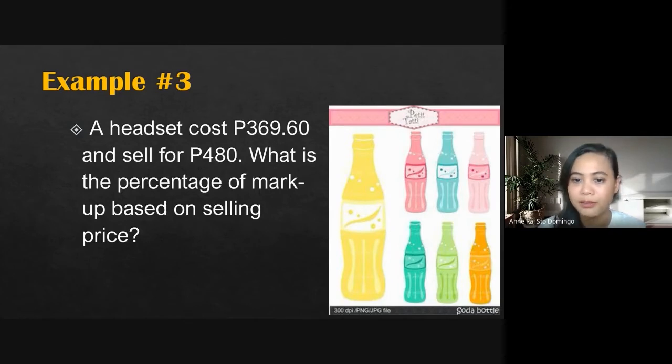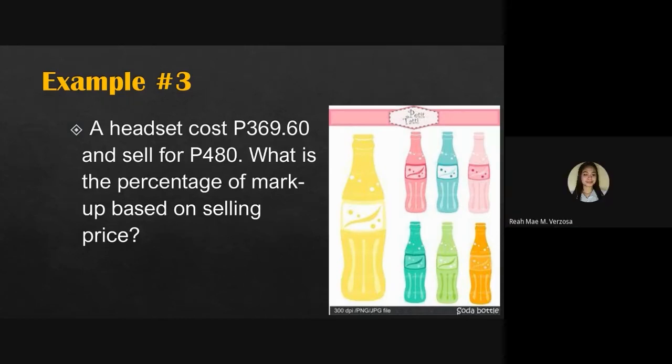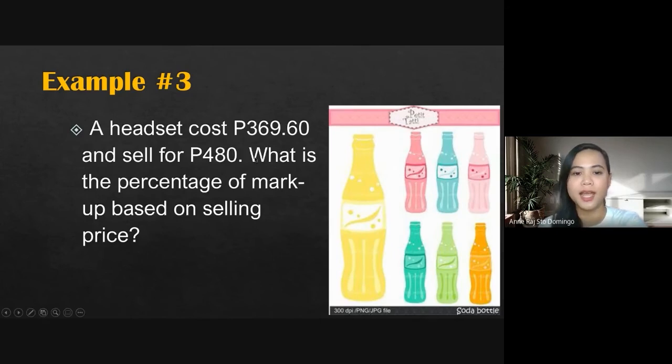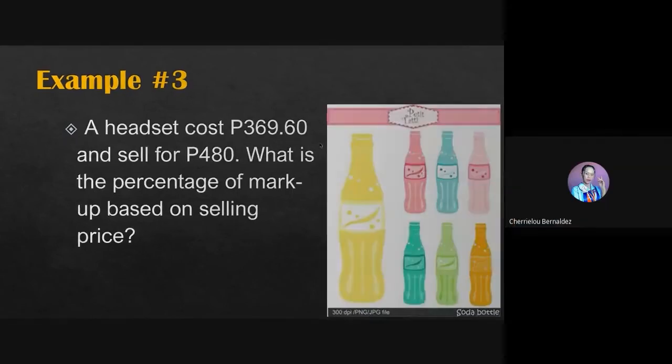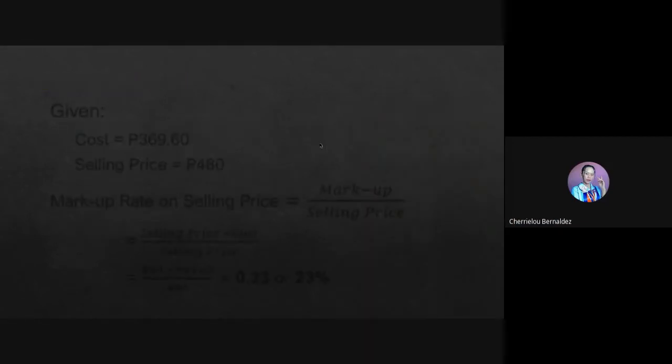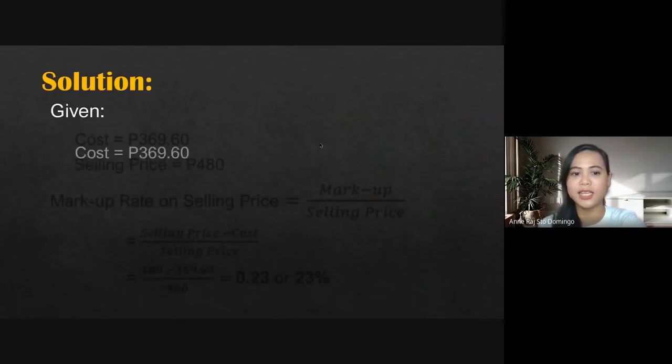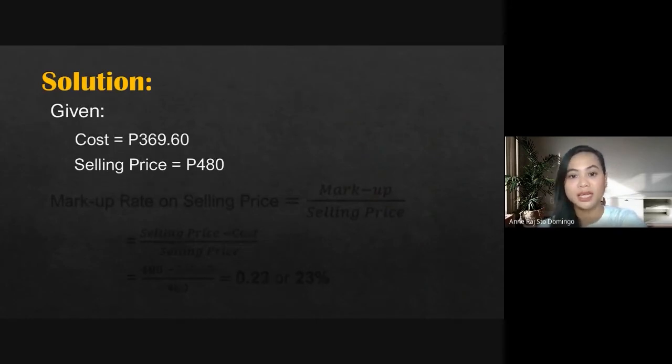Ano yung ating given dito sa problem na ito? Cost po tsaka selling price. Yes. Thank you, Rhea. So, yung cost natin dyan is 369.60 and the selling price, which is, mas mataas syempre, 480.